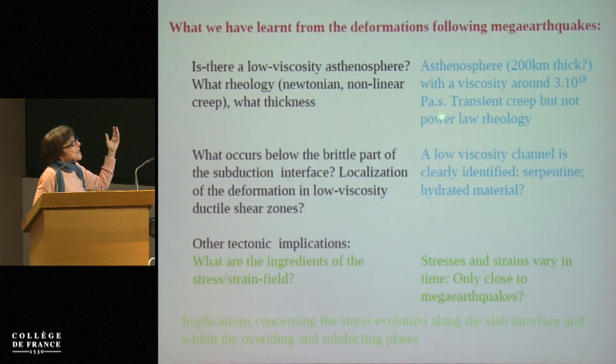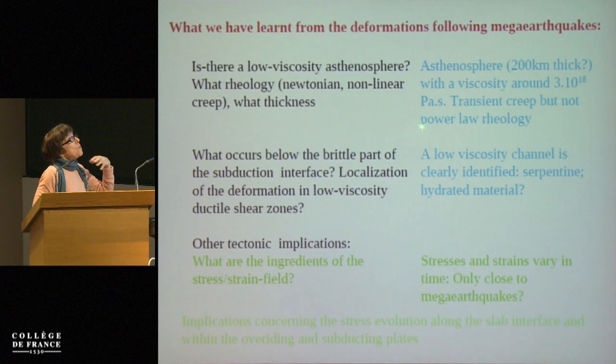We did some tests using longer-term data, and this could be perfectly compatible with a longer-term rheology of the order of 10 to the 19 Pascal second, this viscosity here being a kind of short-term Burgers viscosity. But you expect that because the mantle is not something homogeneous.